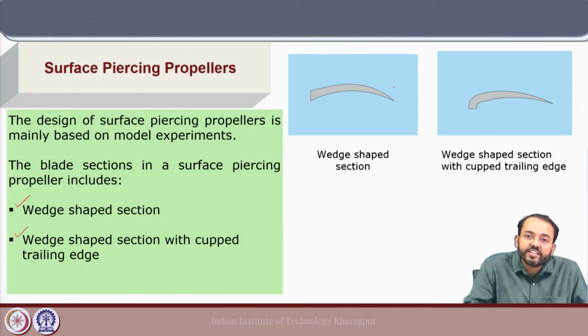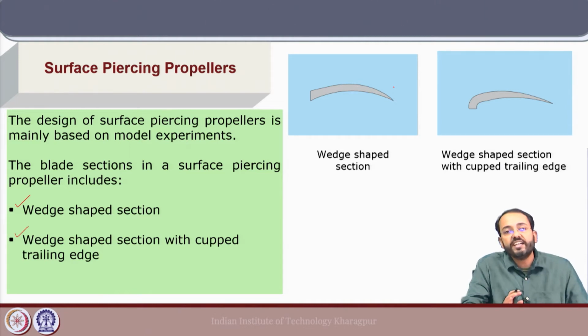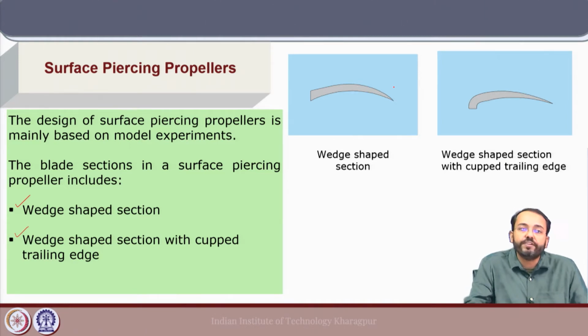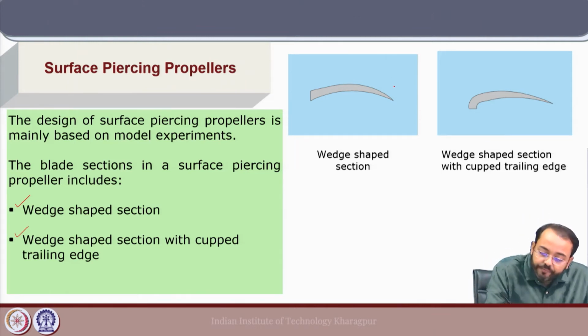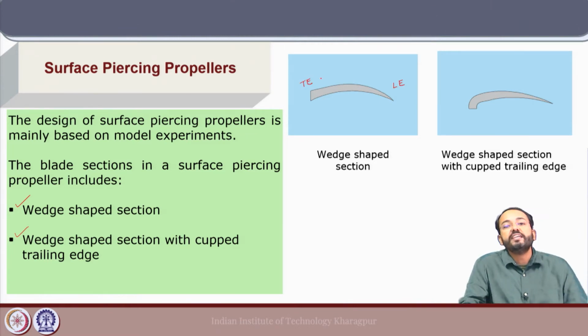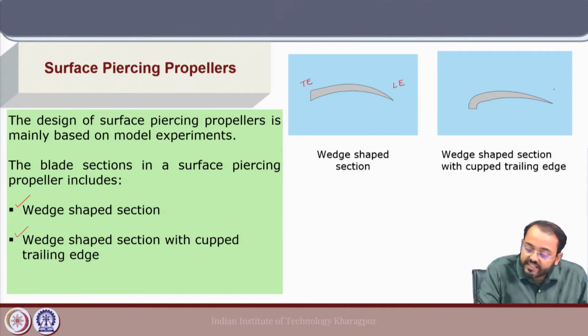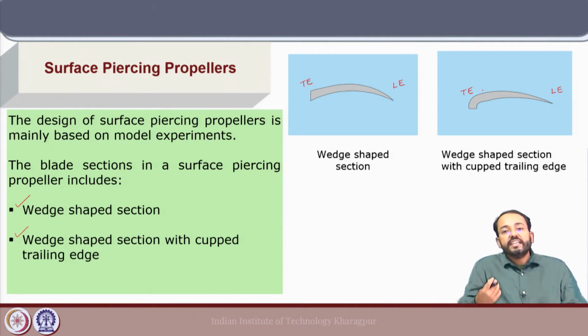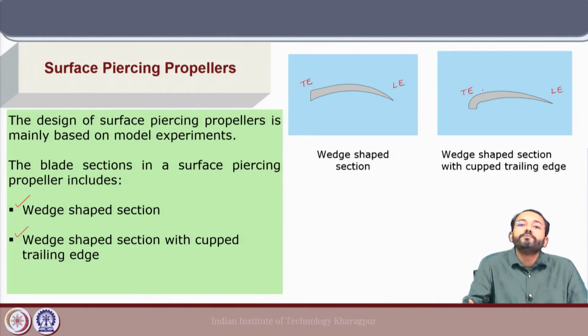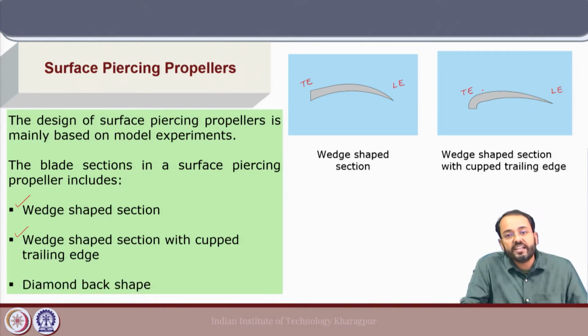In these sections, we want the entire suction side to be covered by air film in the fully ventilated design condition, and hence we have the leading edge here and the trailing edge, which is in the shape of a wedge. Similarly, we have the leading edge and the trailing edge here, and this particular design helps in the development of the air film in the fully ventilated condition.